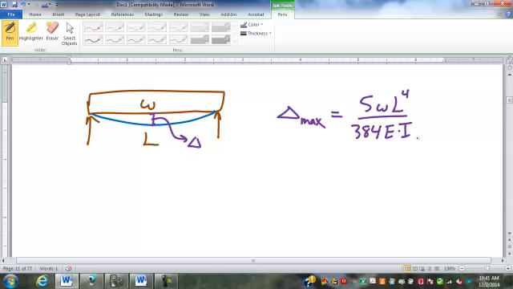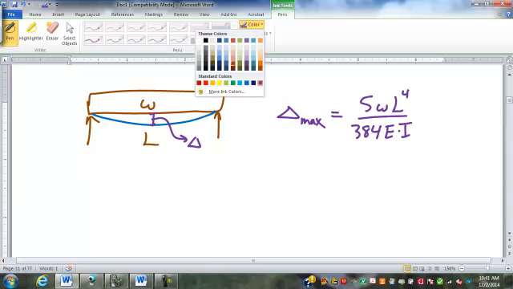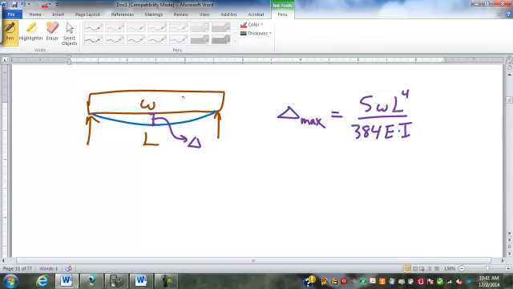Okay, there's a lot of stuff there. Let's say that this is a steel I-beam. Well, let's go to our tables and see what we find here quick.